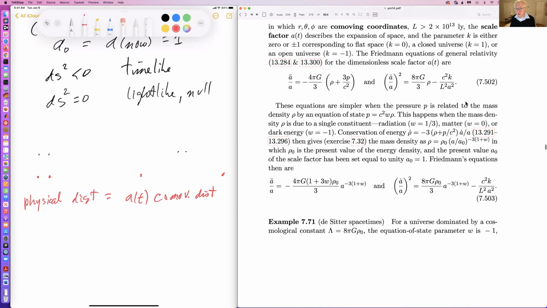And these equations become even simpler when the pressure and the energy density are related, and when you also use conservation of energy. A simple relation between the pressure and the energy density basically only happens when the energy density is due to a single constituent.